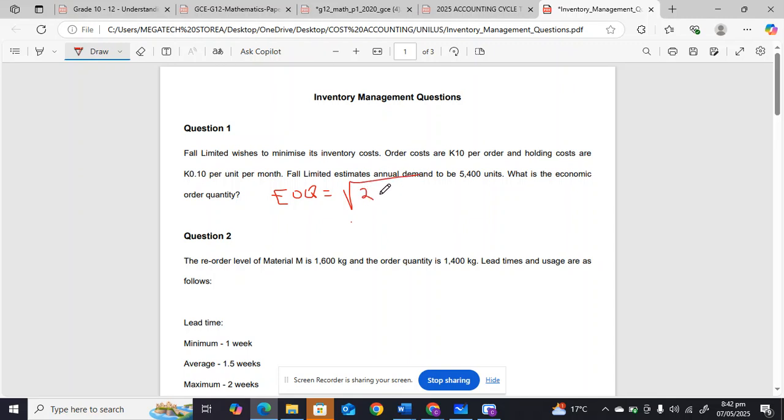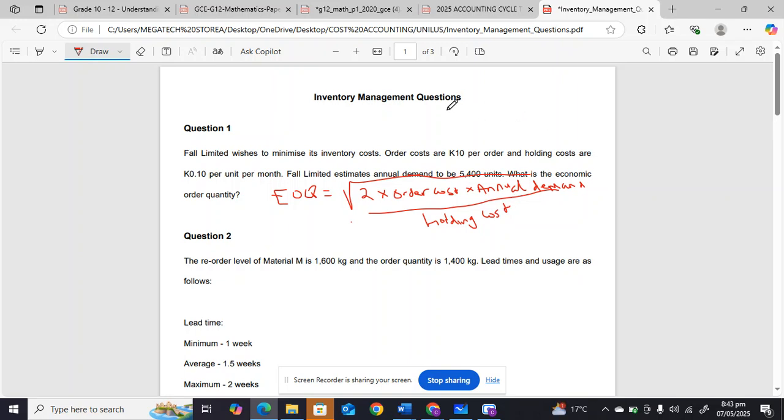Two multiplied by the order cost multiplied by annual demand divided by the holding cost per unit.